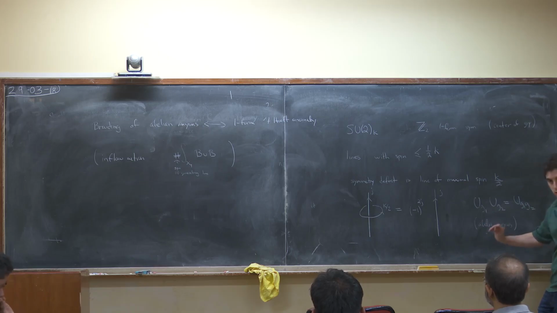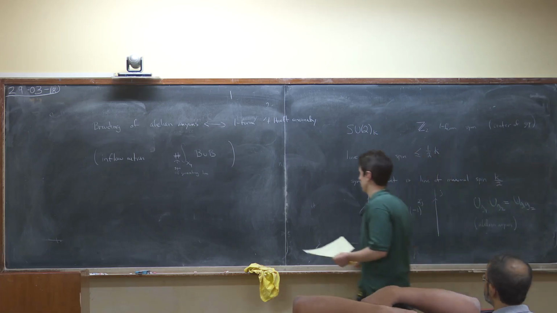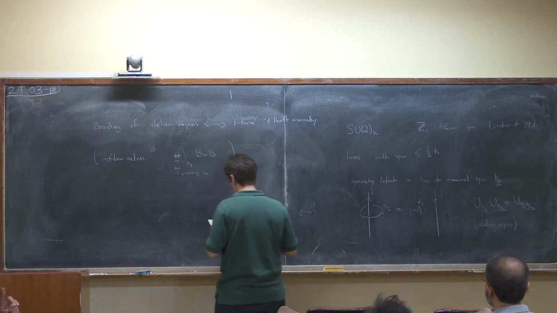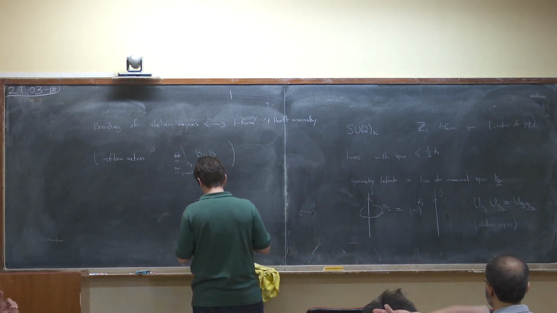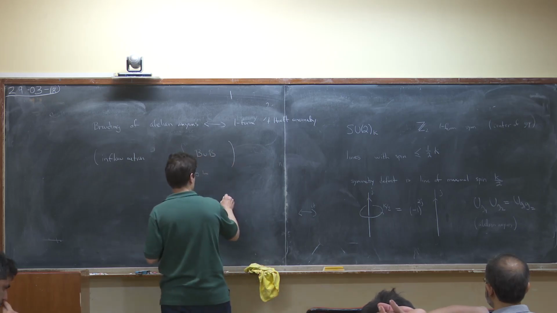Maybe let me say something which might make you happier in Chern-Simons theory. I think you can use modular invariance to replace these two things by saying that a line is a one-form symmetry generator.